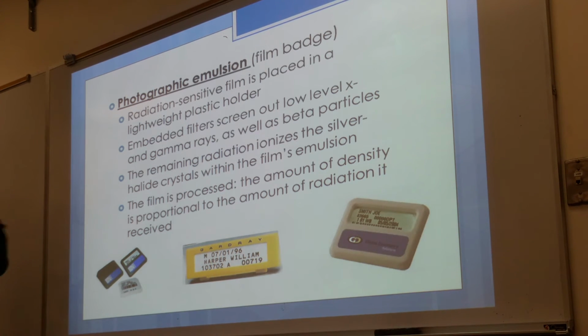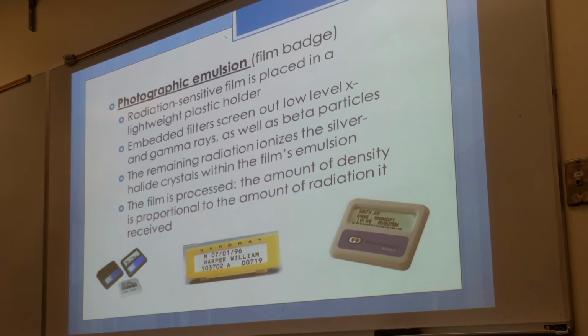The remaining radiation ionizes the silver halide crystals within the film's emulsion. The film then is processed, and the amount of density on that film is proportional to the amount of radiation it received. This is review, guys. We've covered this before, right? So that's your film badge. So the greater the density, the more radiation that it received.